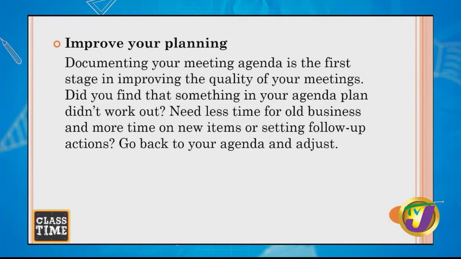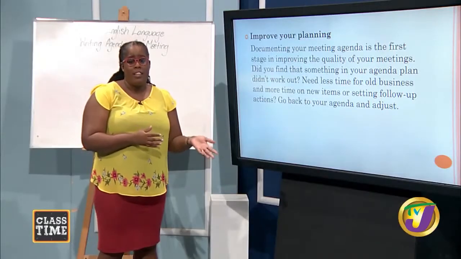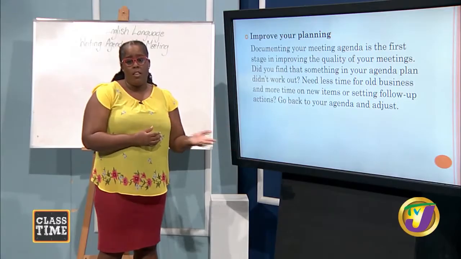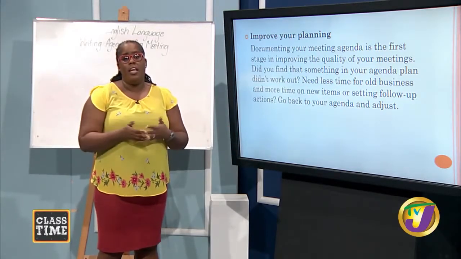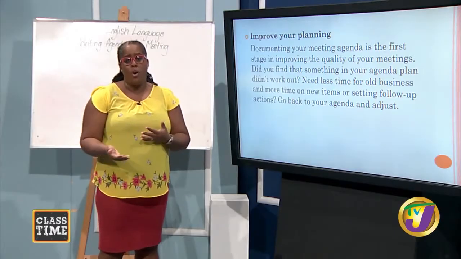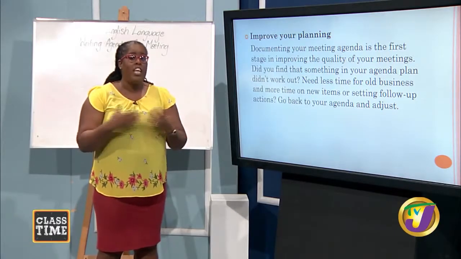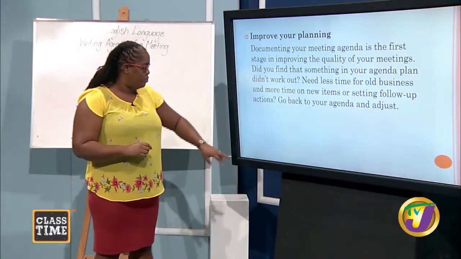So when you improve, you go back and you realize that, okay, the meeting did not go as how I wanted it to go, so I'm going to adjust this the next time around, and so on. So what you're doing is you're looking at the weaknesses that you had with the agenda that you had before, and you're going to make improvements so that the drawbacks that you had will not occur, right? So in essence, it does improve your planning.